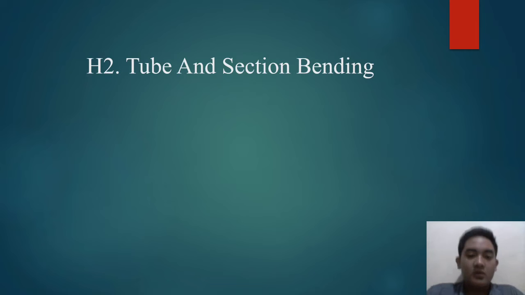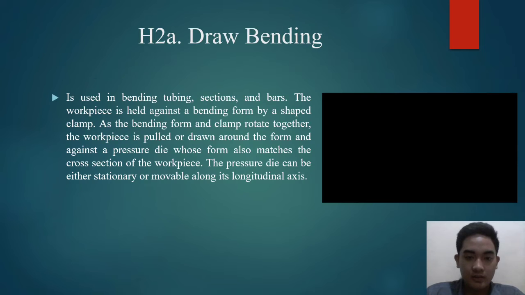Draw bending of tubes and sections. Draw bending is used in bending tubing and sections on a horse. The workpiece is held against a bending form by a shaped clamp.